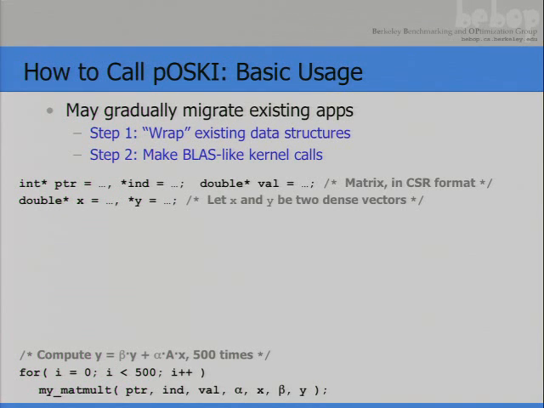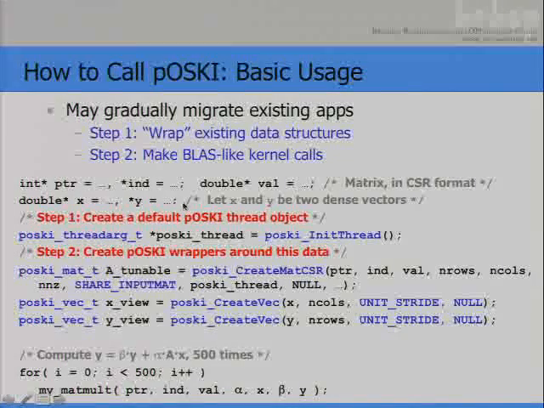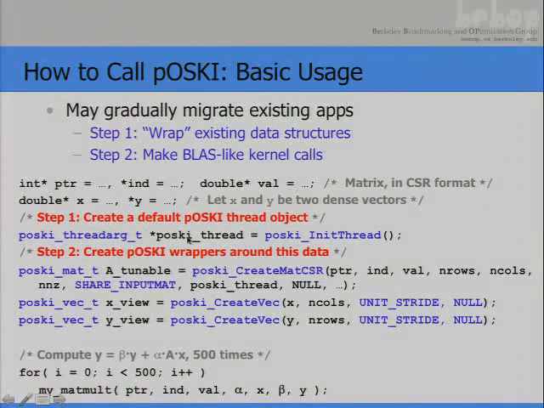So the question is, what do I have to do to make it run in parallel? The first step is you're going to call an Oski thread routine, which goes up in the system and looks up how many threads do I have and what properties do they have. Then you pass your matrix data structure into an Oski create matrix routine.